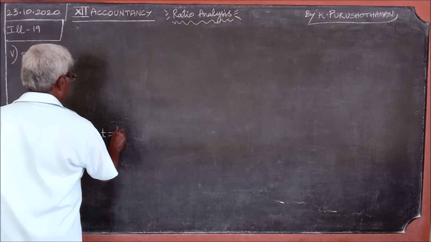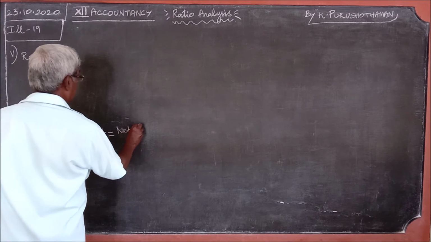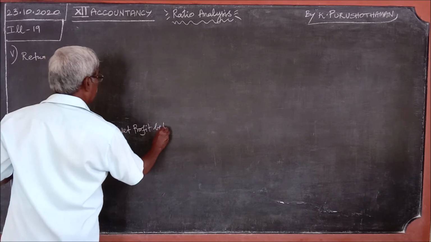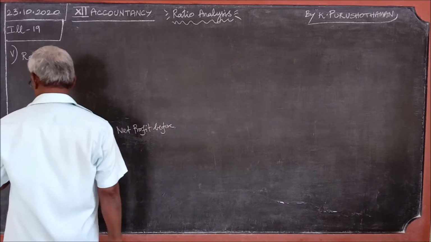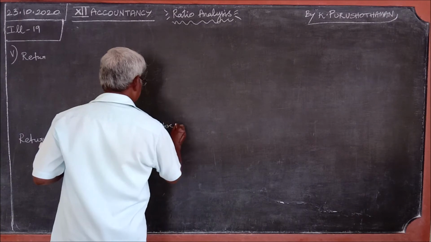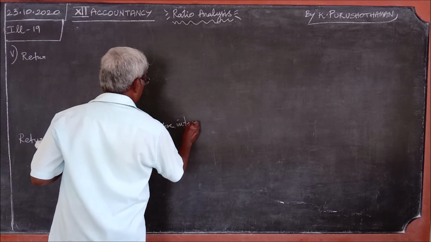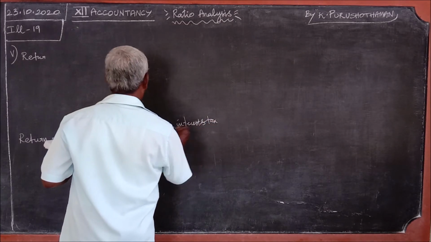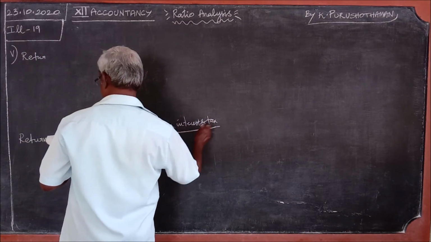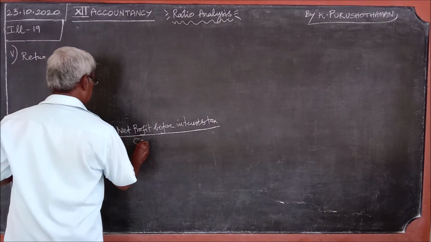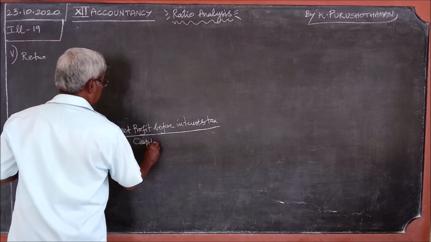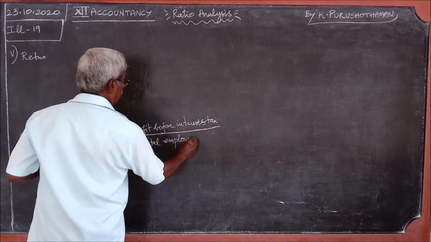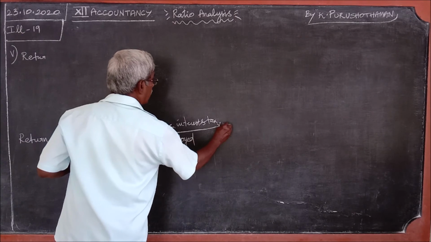Net profit before interest and tax, the whole divided by capital employed, into 100.